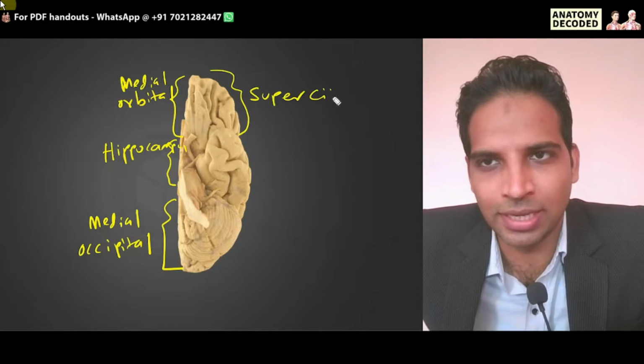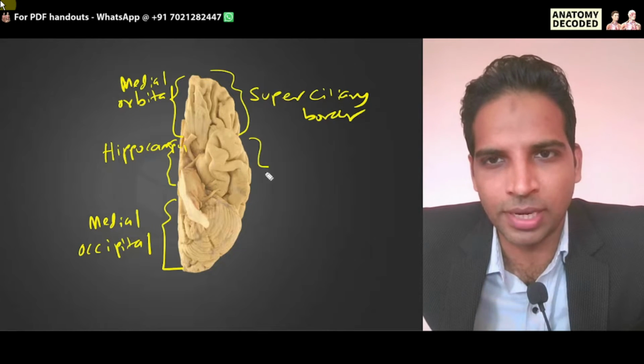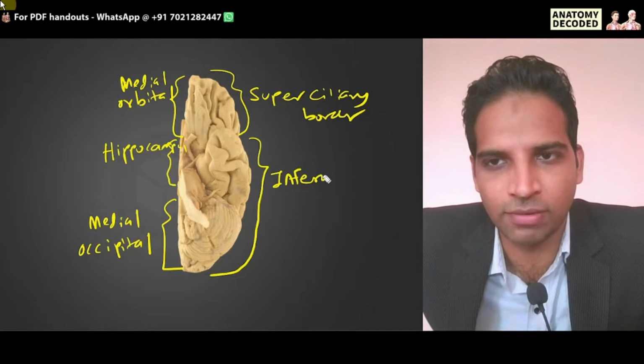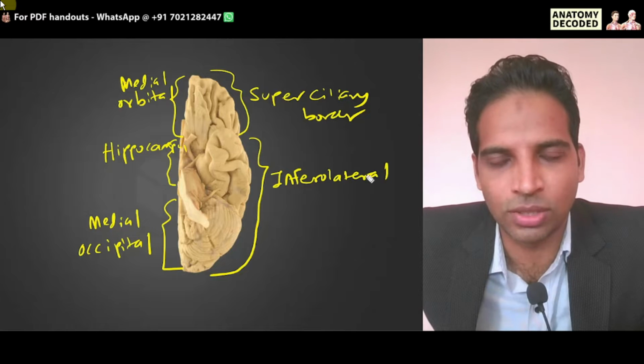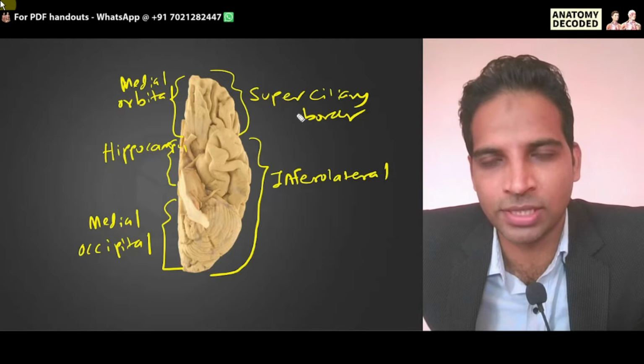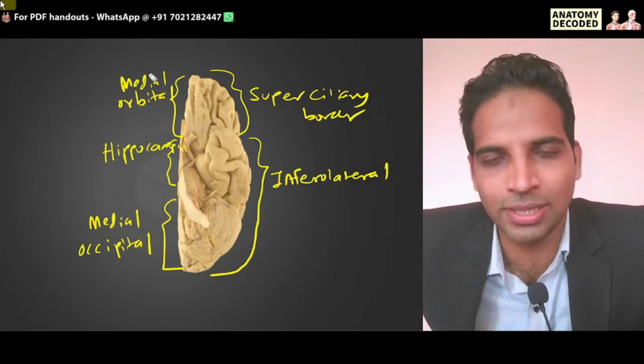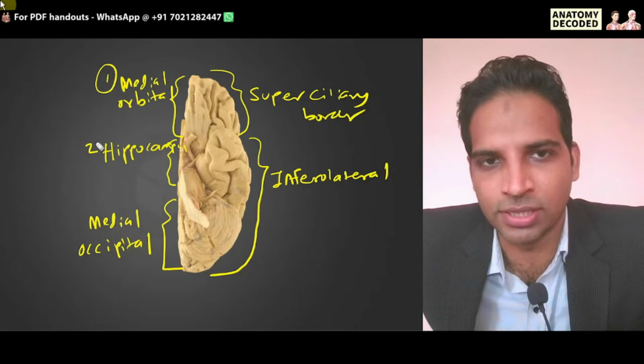And on the lateral aspect, anteriorly there is a border that is referred to as the superciliary border, and behind this, the border is referred to as the inferolateral border proper. So for the inferolateral border, the two subdivisions are the superciliary border and the inferolateral border proper. Okay, and on the medial aspect, the inferomedial border has three subdivisions.